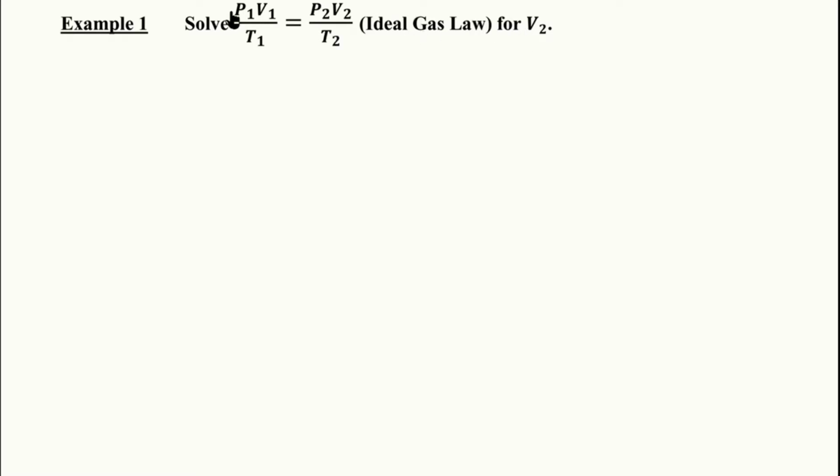Basically, P stands for pressure, V for volume, and T for temperature. So when you have a situation like you have two fractions that are equal to each other, this in algebra is called a proportion.